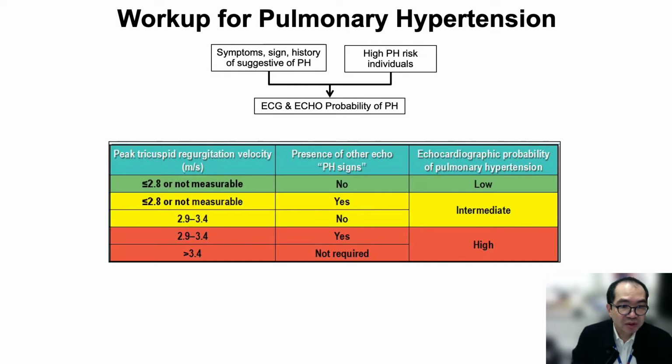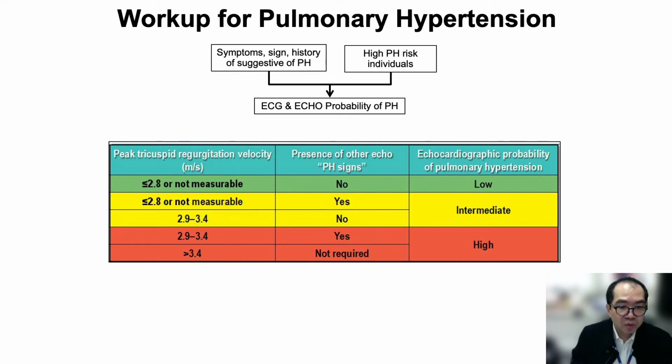And this is from the European guideline. They use, first of all, the peak tricuspid regurgitant velocity together with the presence or absence of pulmonary hypertension signs as structural changes, for example, the right atrium, right ventricle, and also the inferior vena cava size, to try to stratify this patient into low probability and high probability of having pulmonary hypertension.